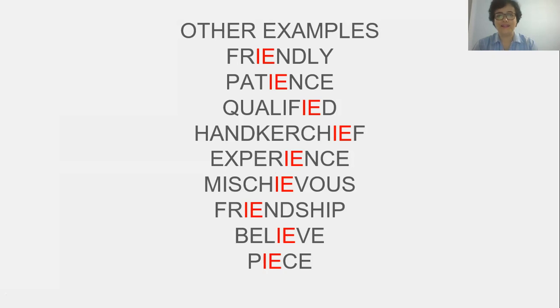Simple rule, isn't it? Now look at these words here. You can see a C there, and therefore it is not IE but EI. So ceiling is CEILING. Receipt is RECEIPT. Conceive is CONCEIVE.